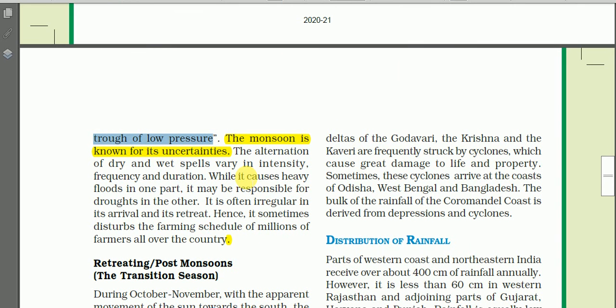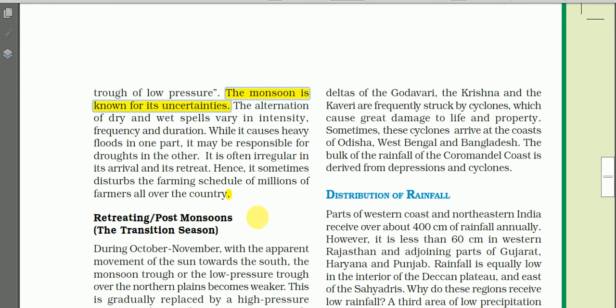Another important characteristic of the monsoon is that it is known for its uncertainties. The monsoon is very, very uncertain. There is alternation of dry and wet spells that you have learned. These dry and wet spells also vary in intensity.